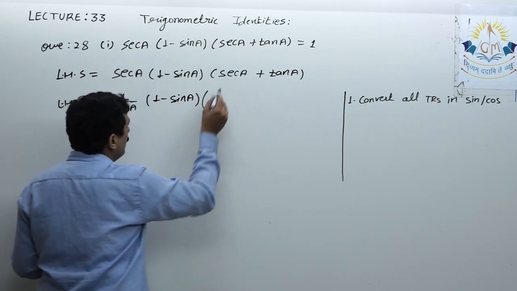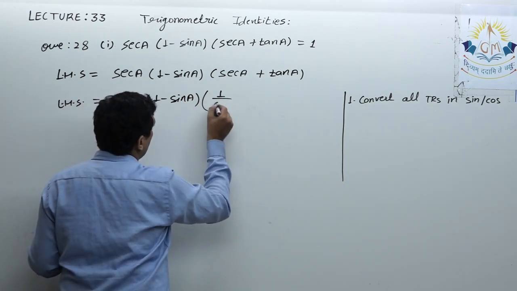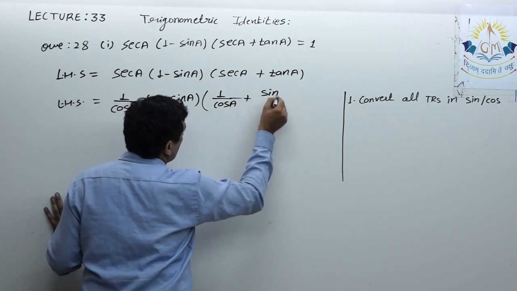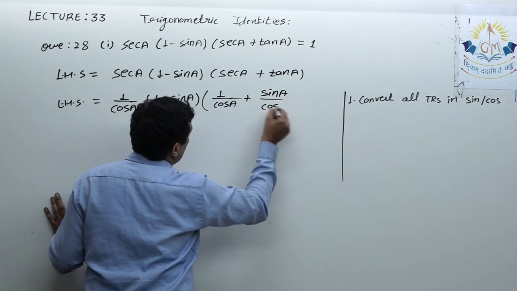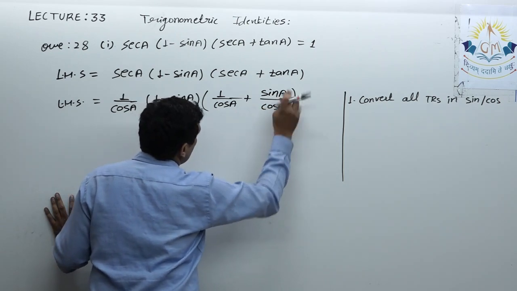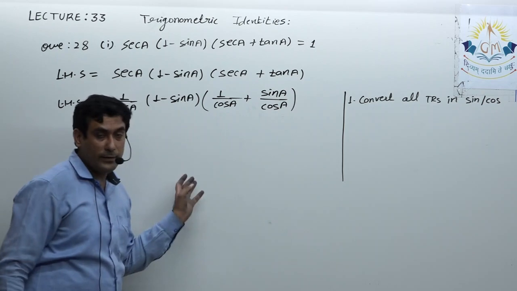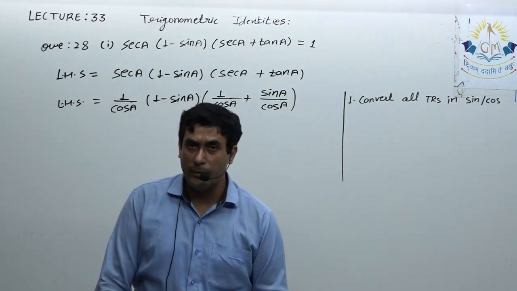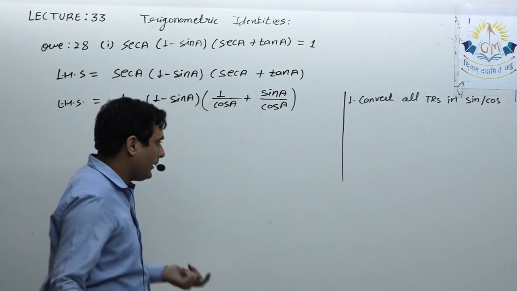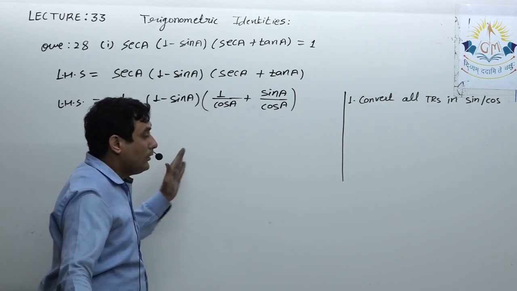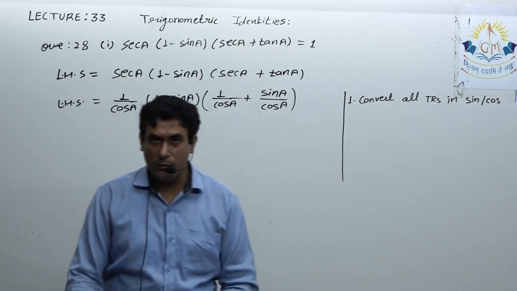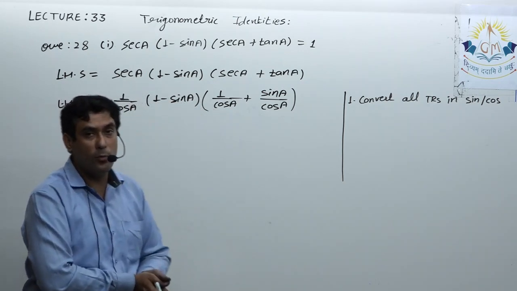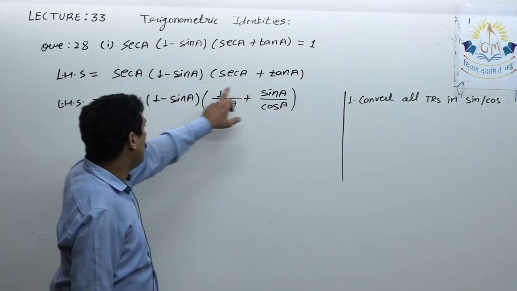Now over here sec A, I can write 1 upon cos A, and tan A, I can write sine A upon cos A. For this you have to remember all those identities, that is sine square theta plus cos square theta equal to 1, 1 plus tan square theta is equal to sec square theta, 1 plus cot square theta equal to cosec square theta, as well as the relations between the trigonometric ratios, and one among them I used over here.